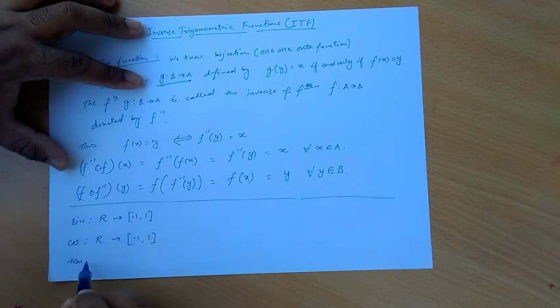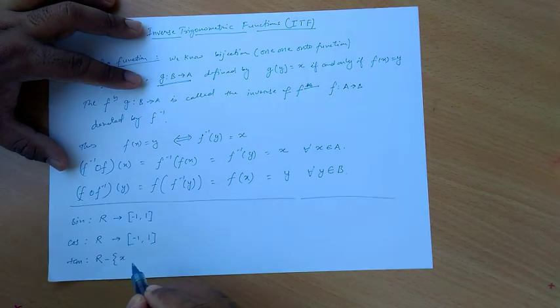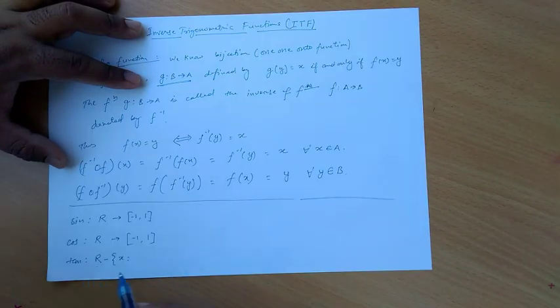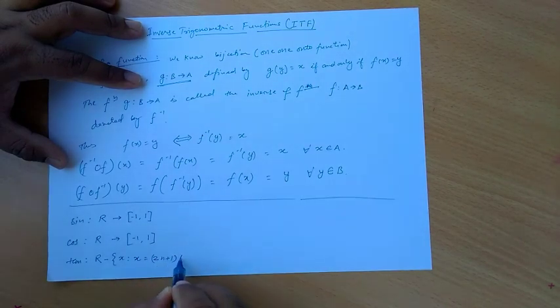Tan is a function from R, and we cannot take the values where x equals (2n plus 1) times pi by 2, that is, we are subtracting these from the real numbers R. Why?